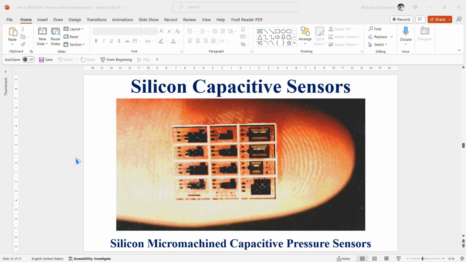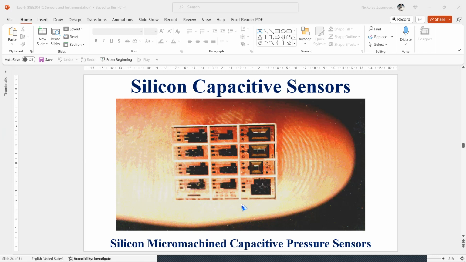Silicon micromachining technology offers the possibility to construct extremely small capacitive sensors, as you can see in this figure, smaller than your fingertip. The technology allows the fabrication of very thin membranes, similar to piezoresistive sensors, as described earlier.